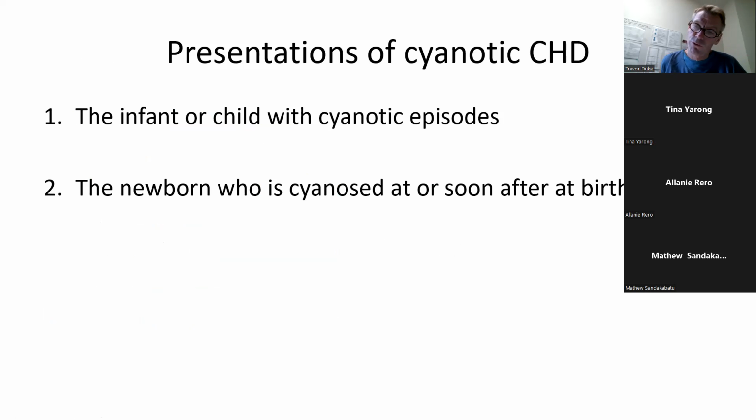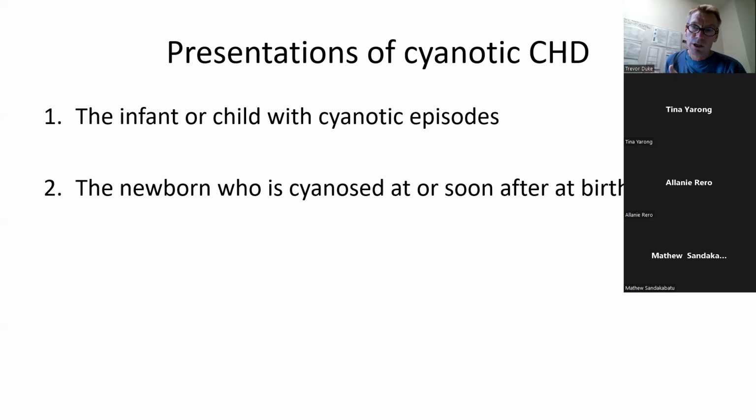They may have been well before, but they start having cyanotic episodes, and they may have some underlying cyanosis, or they might be otherwise apparently well and have cyanotic episodes. And that might be any time from 2 or 3 or 4 months onwards to even a year or 2 of age, right? So the infant or the child with cyanotic episodes.